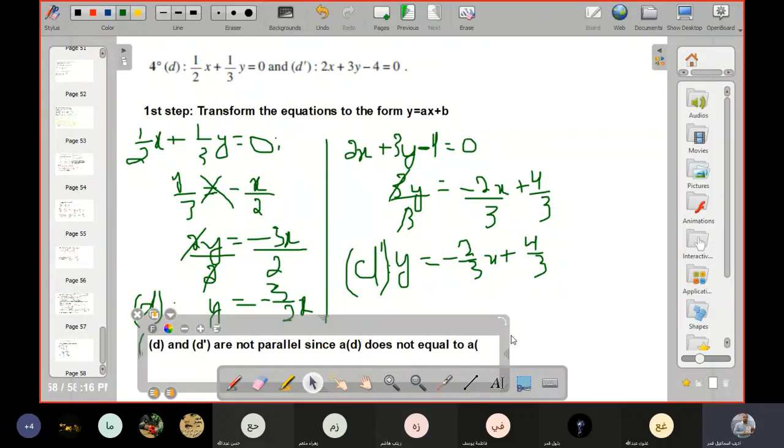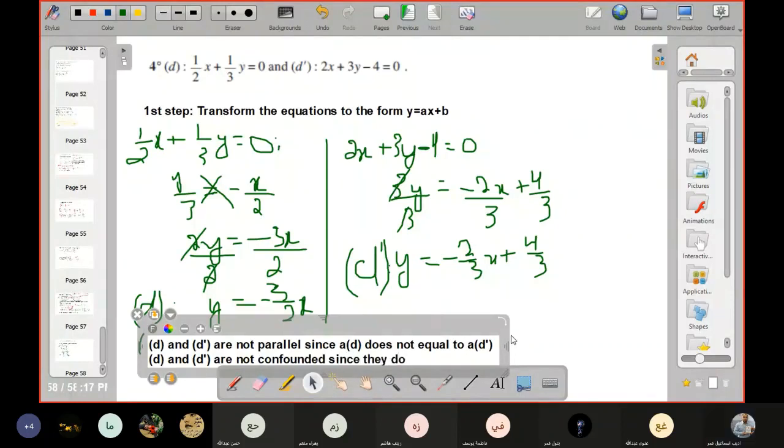Do you see the detail I am following? Also, are the two lines confounded? No. D and D prime are not confounded since they don't have the same equation.